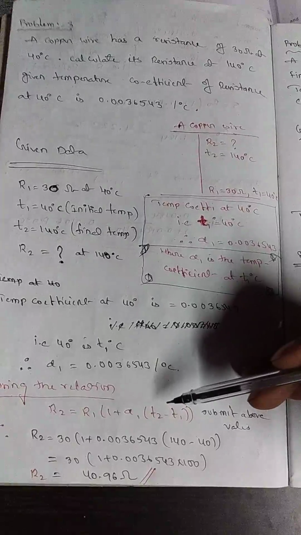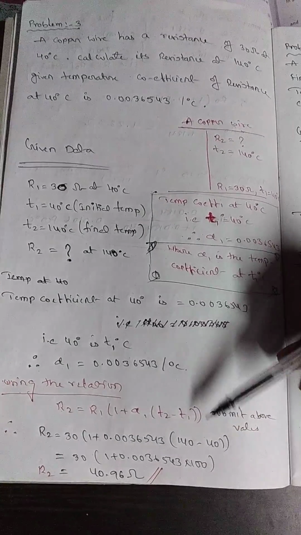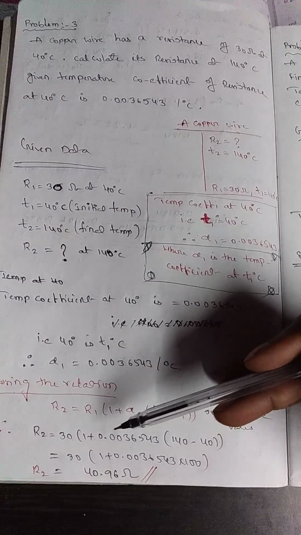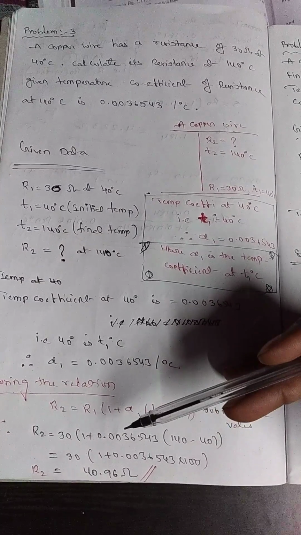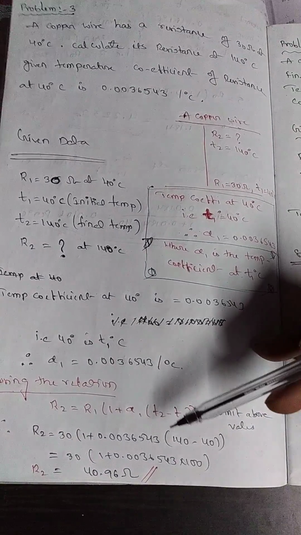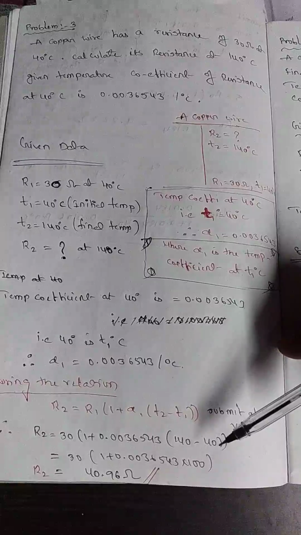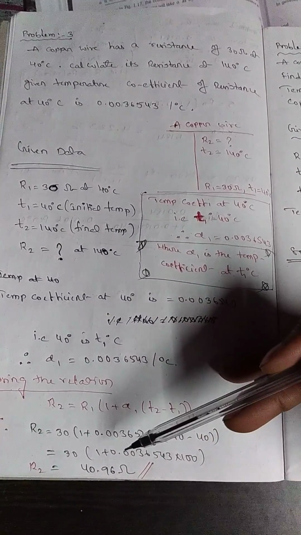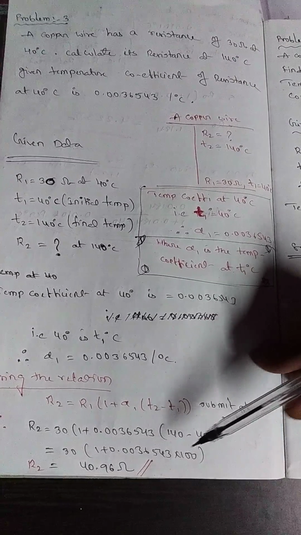After substituting the values, R2 equals 30 into 1 plus 0.0036543 times T2 minus T1, that is 140 minus 40, which is 100. So 30 into 1 plus 0.0036543 into 100.